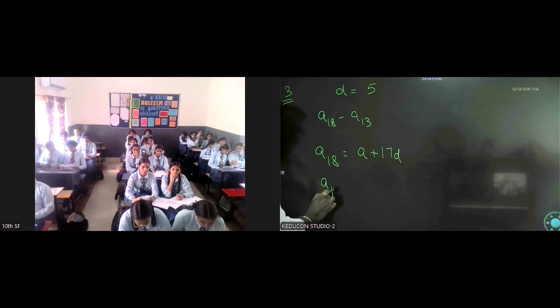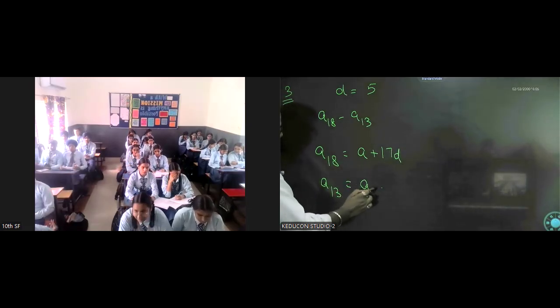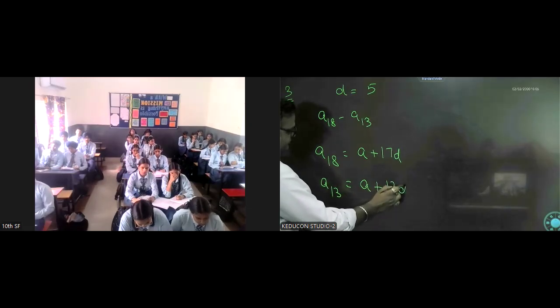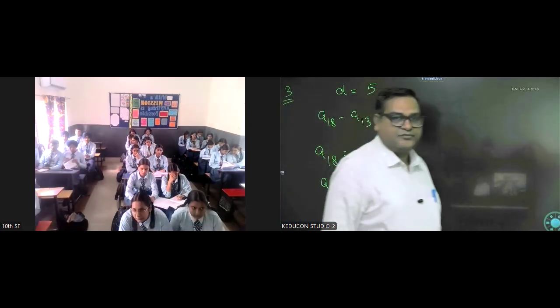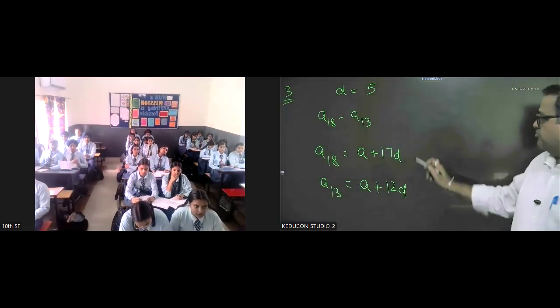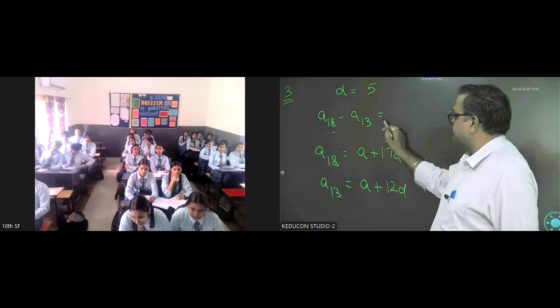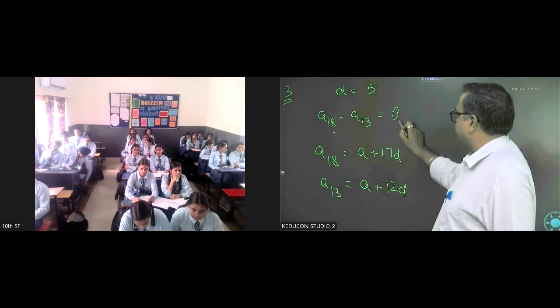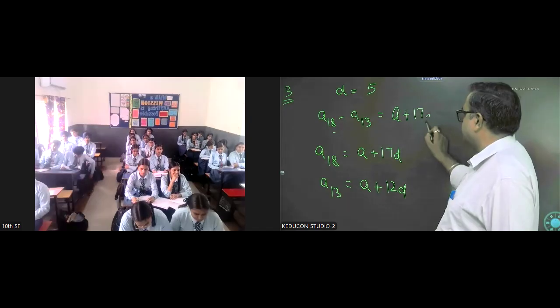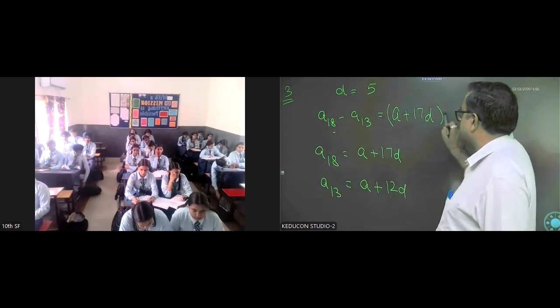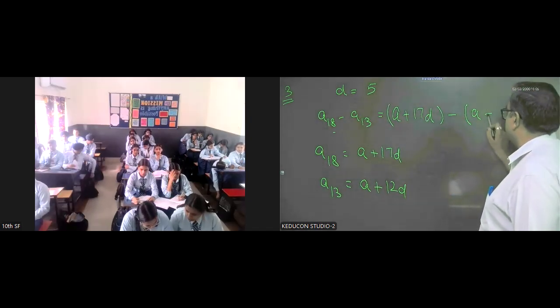And a13, can we write this as a plus 12d? Any doubt, bachon? Any doubt in this? Put these both values here. What is a18? a plus 17d minus (a plus 12d).